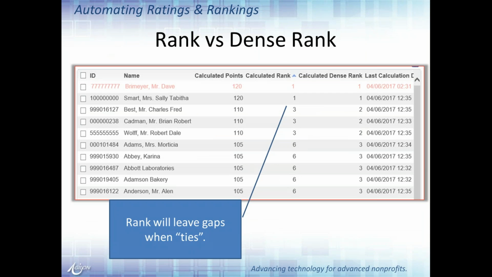When you set up these categories and we're giving somebody points, the other thing that happens is each of those constituents that has accumulated points is also being ranked. And we're going to see two different types of rank built into the system. One is called rank, and one is called dense rank.